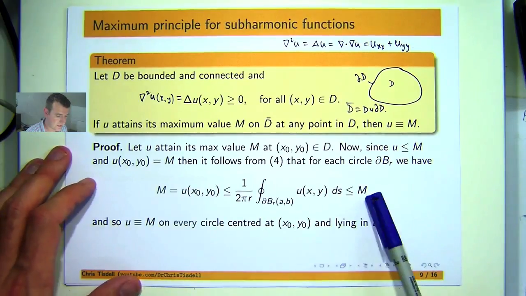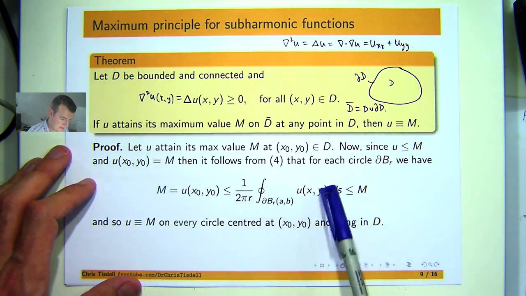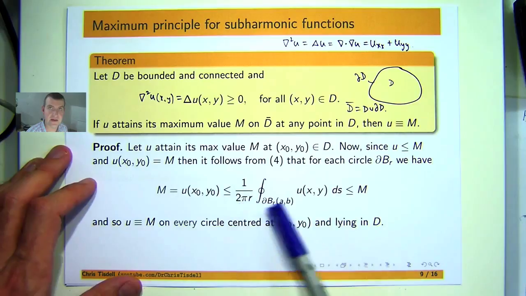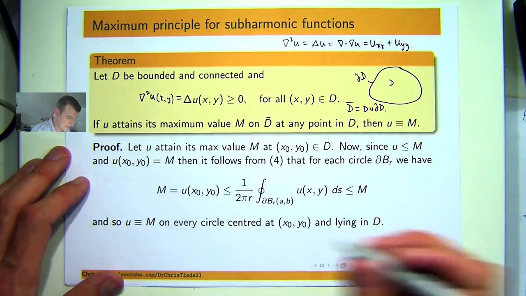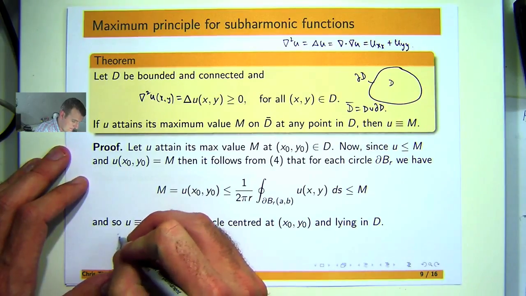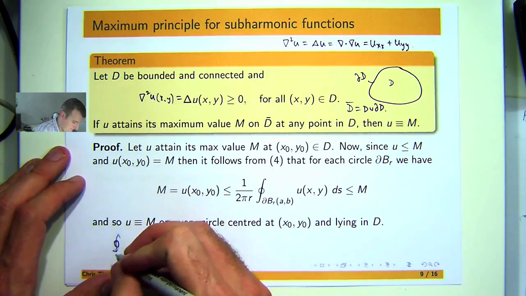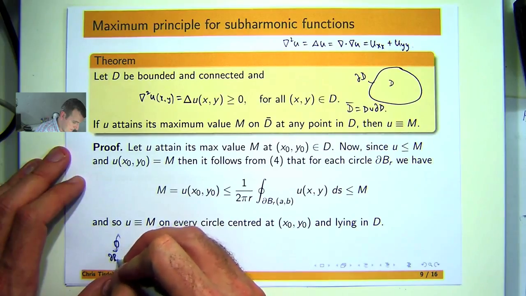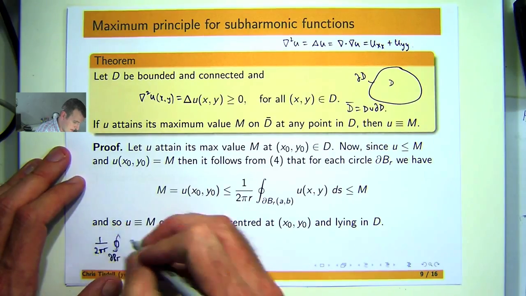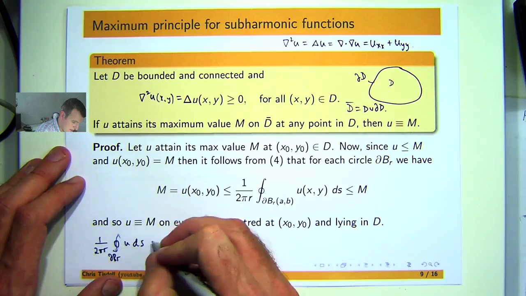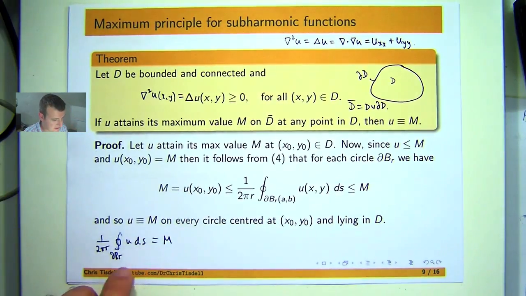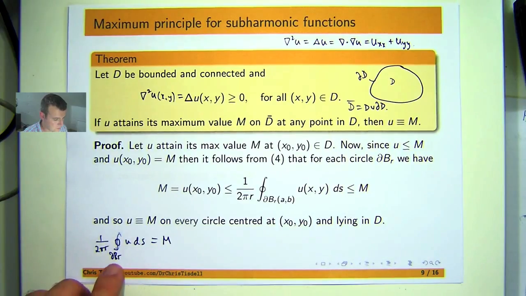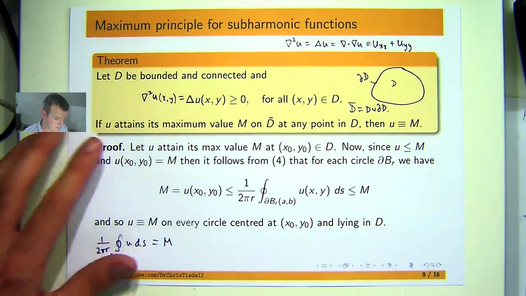So what is important here? It means that this average value is less than or equal to m and greater than or equal to m. So what does it mean? It means that this average value is equal to m for all circles centered at x0, y0.